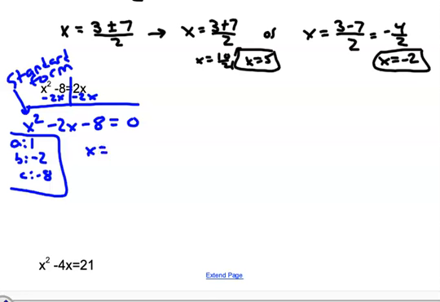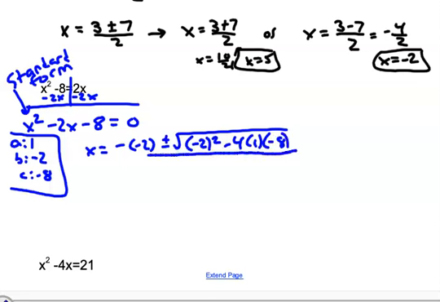So x is equal to -b, that's -2, plus or minus the square root of b squared, that would be -2 squared, minus 4 times a is 1 times c is -8. This time everything is over 2 times 1, so just going to be 2 again.